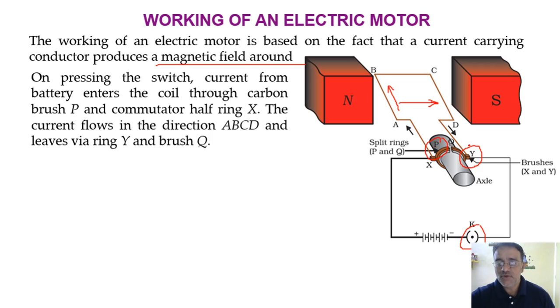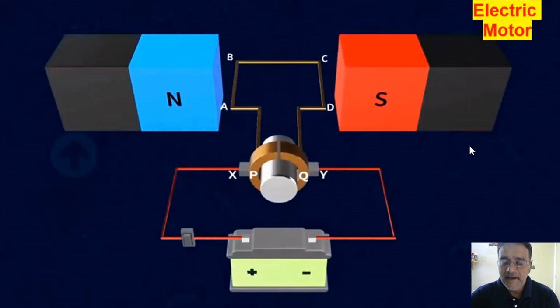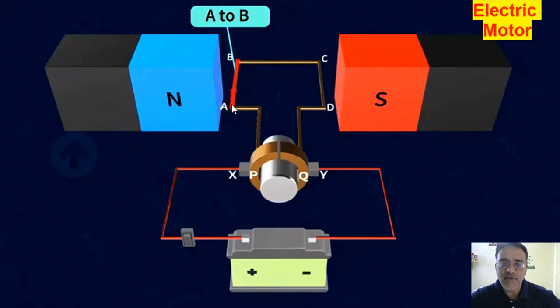Okay, I will explain with the help of a visualizing video. Let the button be pressed, then current is flowing through the coil ABCD. The current will flow from A to B from here and C to D from here.